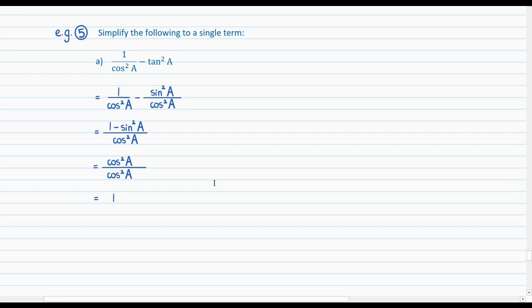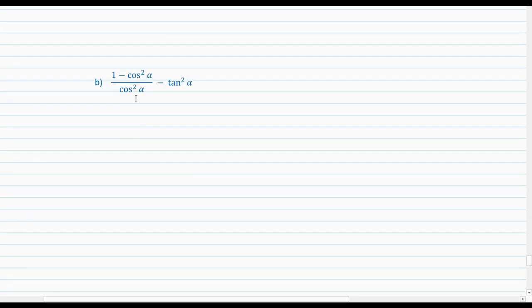Then for part B, we need to simplify 1 minus cos squared alpha over cos squared alpha minus tan squared alpha. We can apply a similar trick as the previous part by changing the tan squared alpha to sin squared alpha over cos squared alpha. Then combine these two into a single fraction, giving 1 minus cos squared alpha minus sin squared alpha all over cos squared alpha.